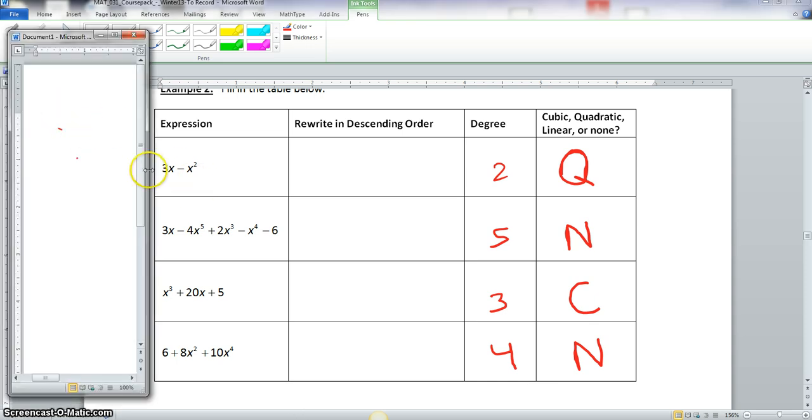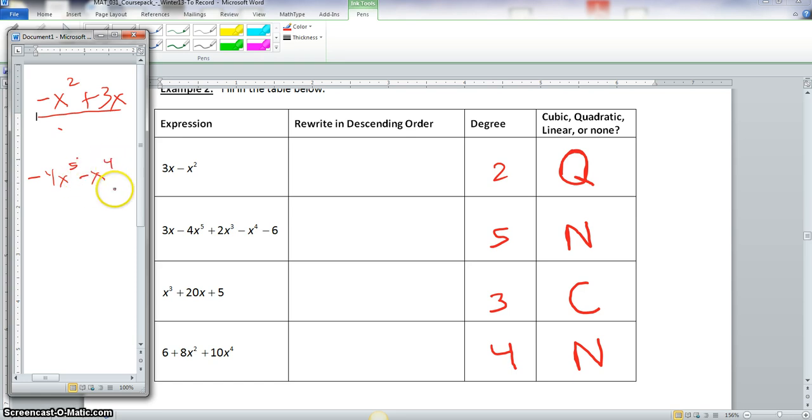So let's take a look at this first expression here. Now we want to write it in descending order, so we will put negative x squared first and then plus 3x. That would take care of this first expression. Now, the next thing. This is a little lengthy, but we put the negative 4x to the 5th minus x to the 4th.